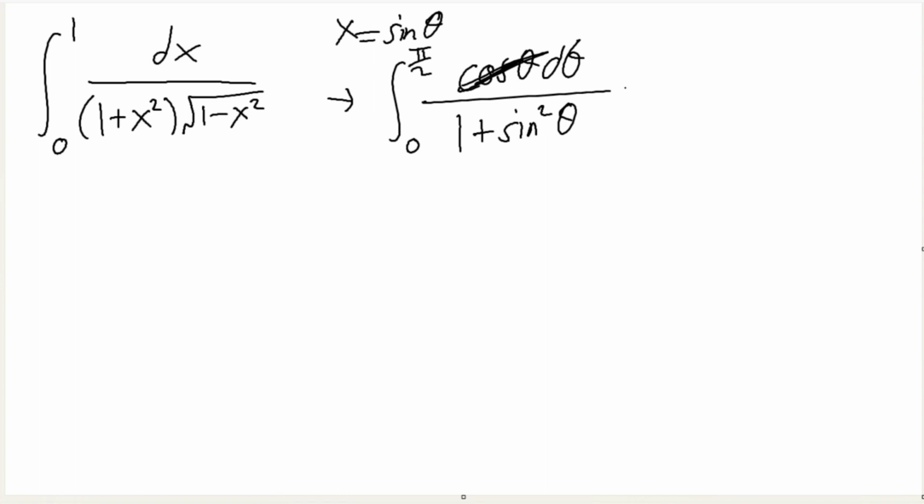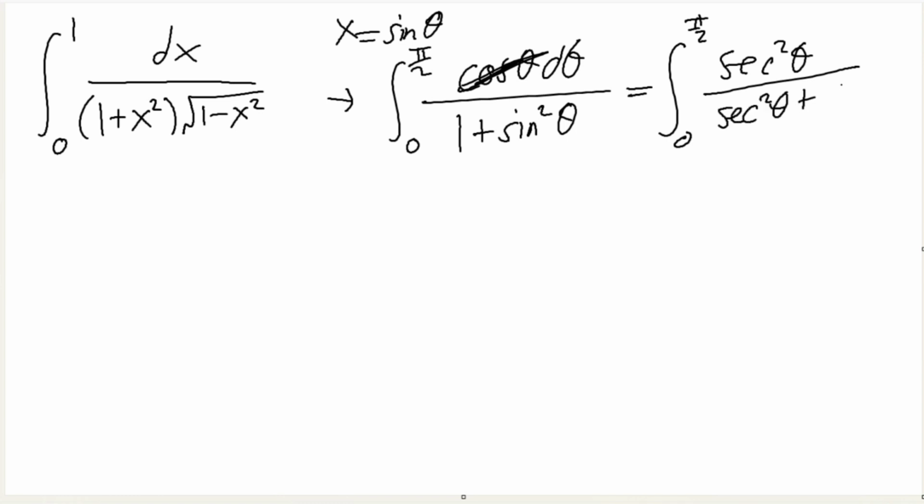And now we can do 0 to pi over 2 secant square theta. This becomes secant square, tangent square. We can have 1 plus 2 tangent squares. Yeah.